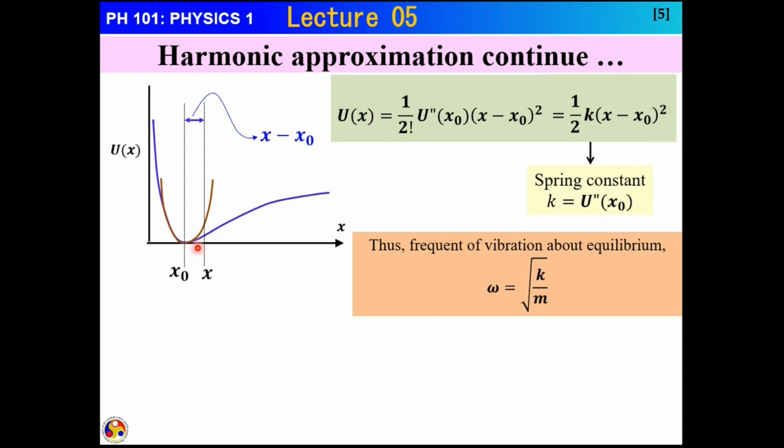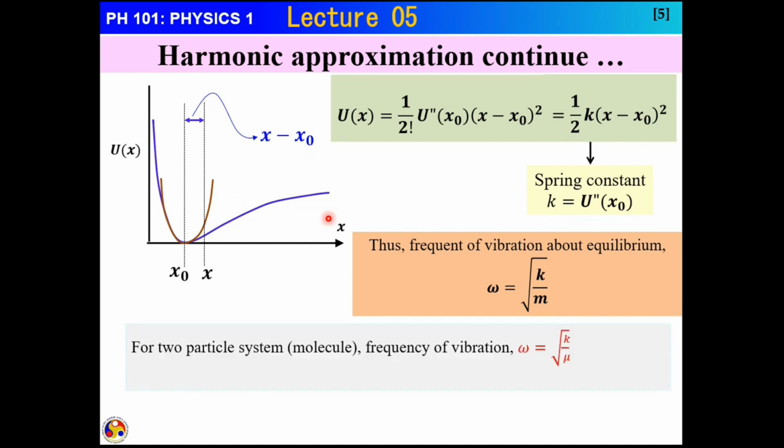But if your oscillation is big, theta is big, then certainly it is going to deviate from the parabola. It is going to deviate from the harmonic oscillation behavior, and that is called nonlinear oscillation, which we are not going to talk about. So the whole idea is our displacement is very small, and in that case we can approximate this potential to be harmonic, and then we can get harmonic oscillation.